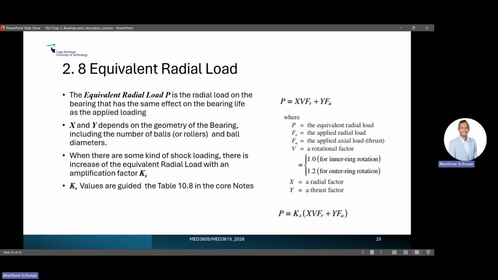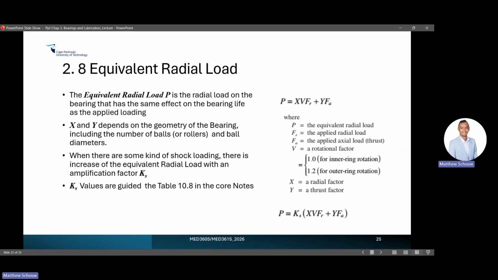What you'll notice there is that there are two loads, your actual radial and thrust. You've also got this rotational factor V, depending if there's an inner ring rotation or an outer ring rotation, you have to modify for that. And those X and Y values, the radial and thrust factors, are all computed through a table.